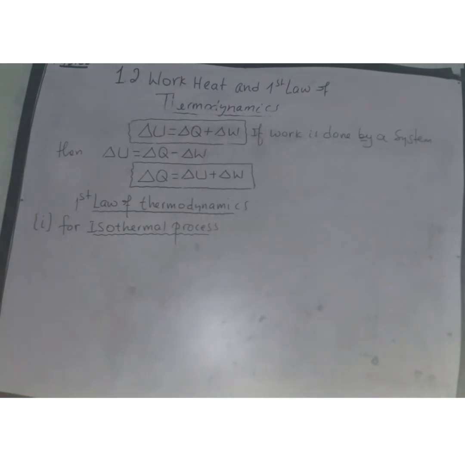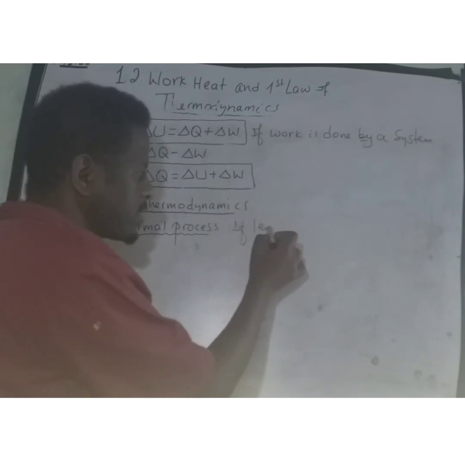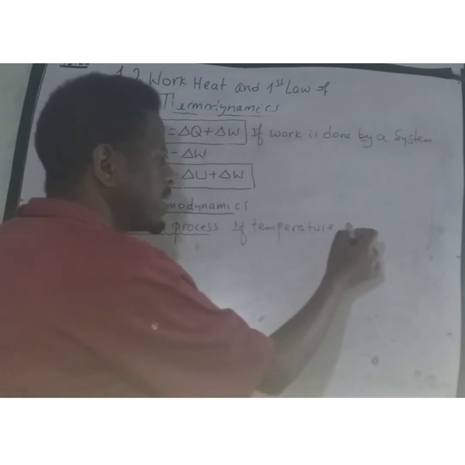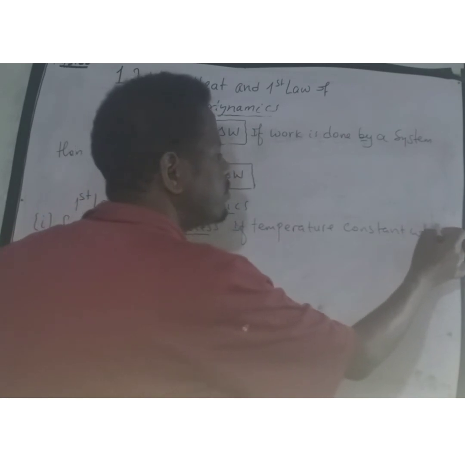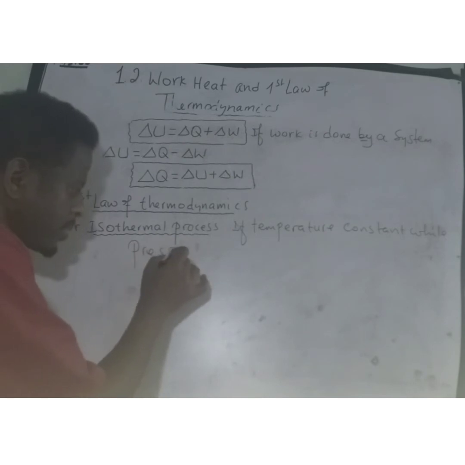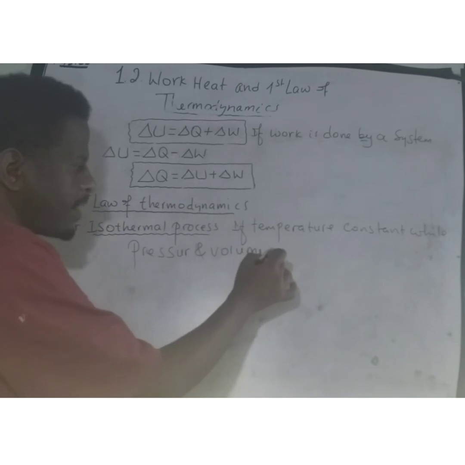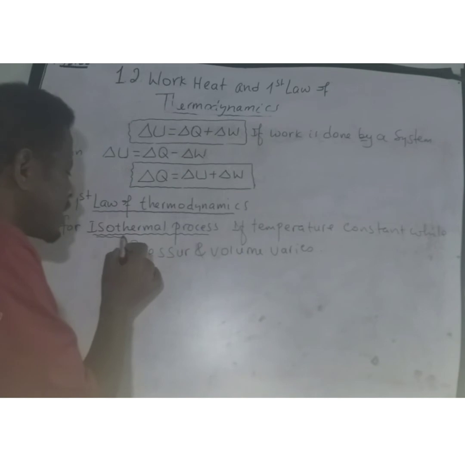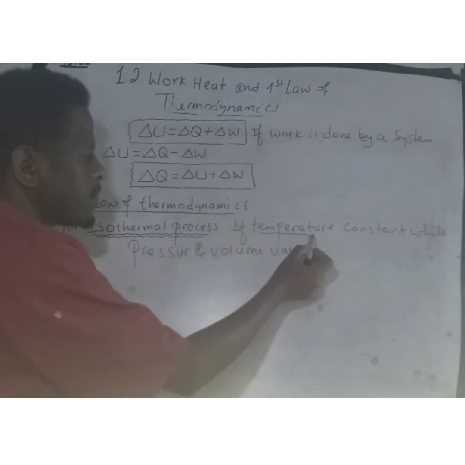If temperature is constant while pressure and volume vary, such a process is an isothermal process.